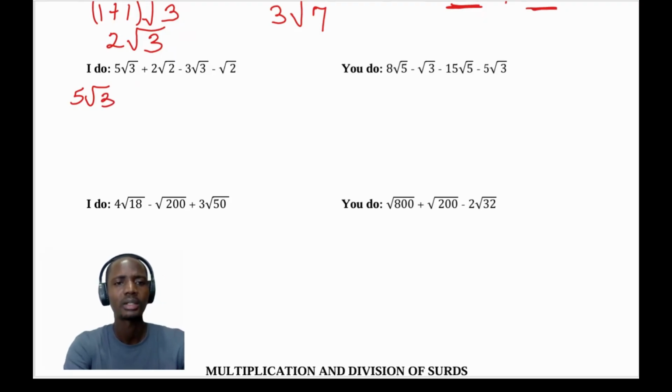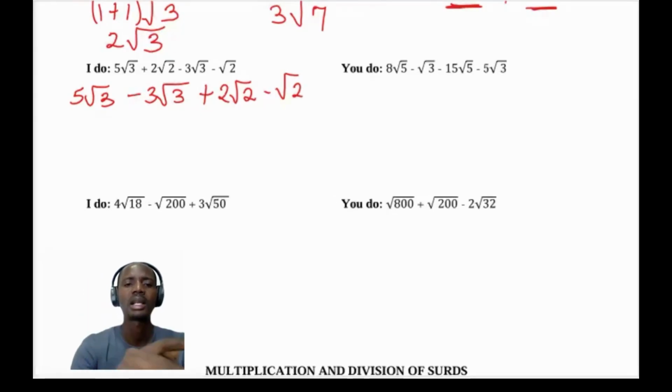What's a similar surd to this? It is this one. So now do not forget the sign. It is minus 3 root 3. Then the next one, that's plus 2 root 2 minus root 2.